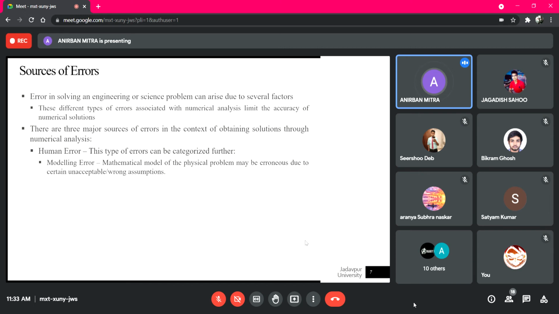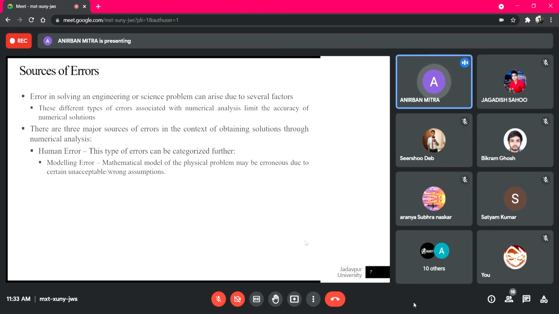Most of the cases, these errors arise out of wrong assumptions. You have made certain simplifying assumptions about the physical model in order to convert it to a mathematical model. If those assumptions are not correct, if those assumptions are not valid, if they are unacceptable, then of course the mathematical model that you have built upon those assumptions is going to provide you with erroneous results.